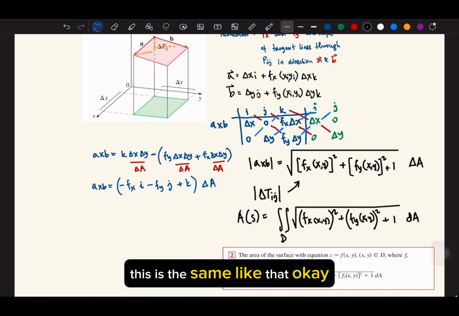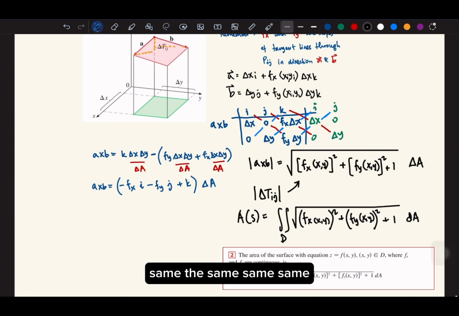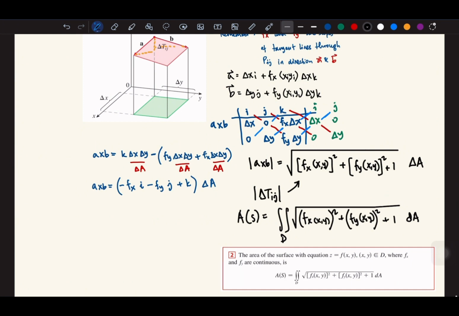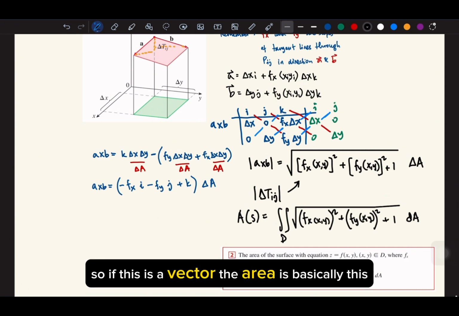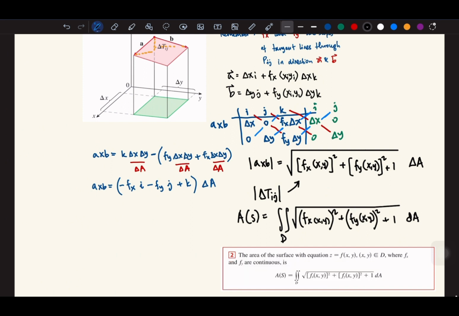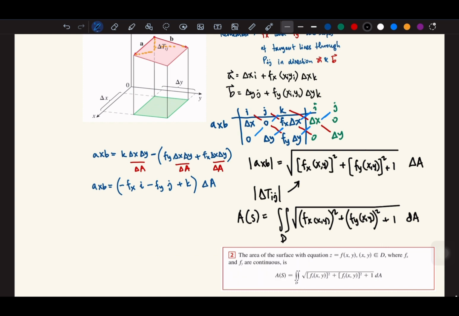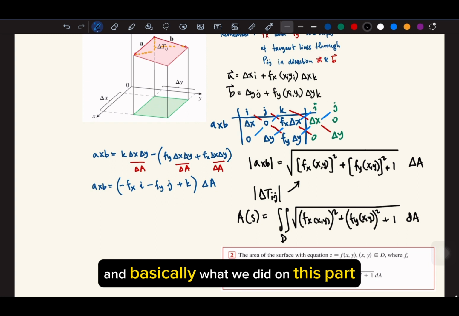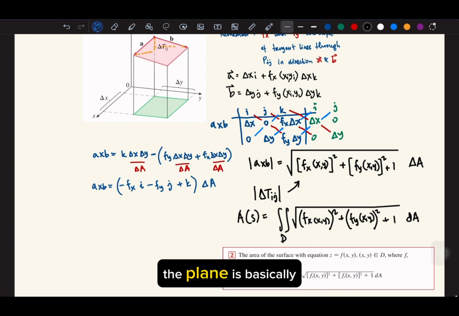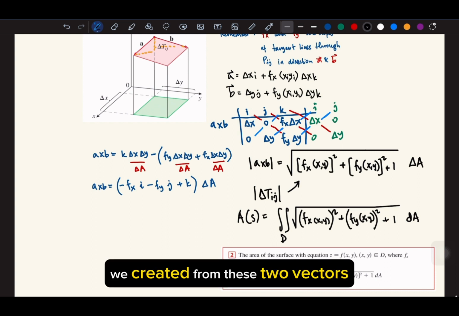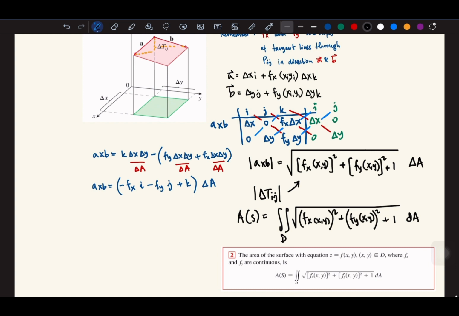If this is a vector, the area is basically this cross product. And basically what we did on this part, the plane is created from these two vectors, and then we find that that is the area.